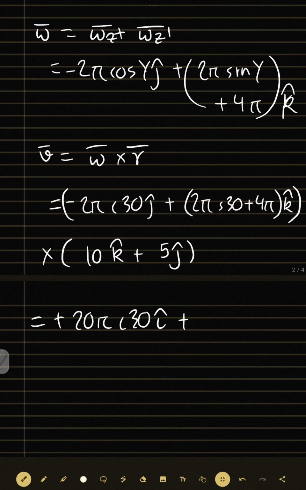So one way of doing it is you understand that your omega naught is some omega, how much it is, 120 revolutions per minute.